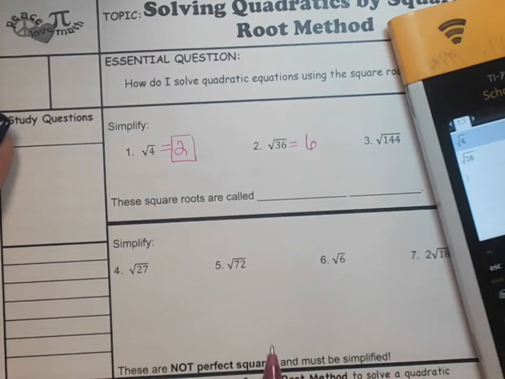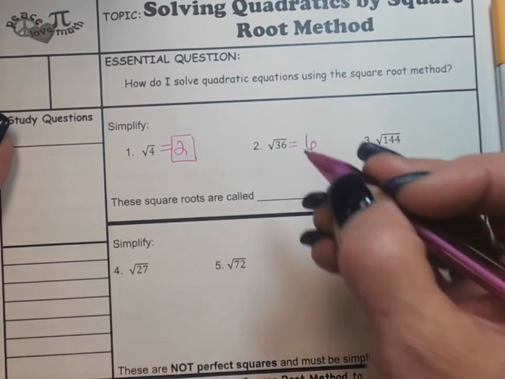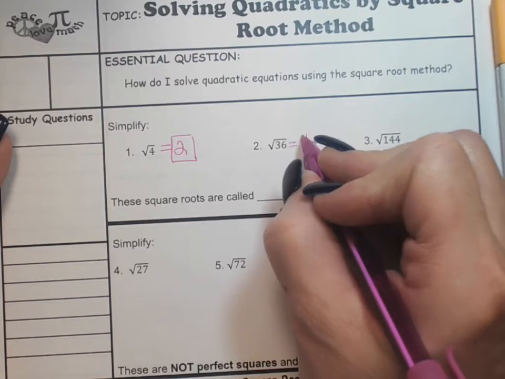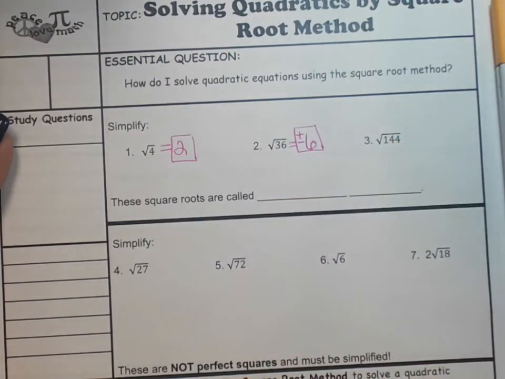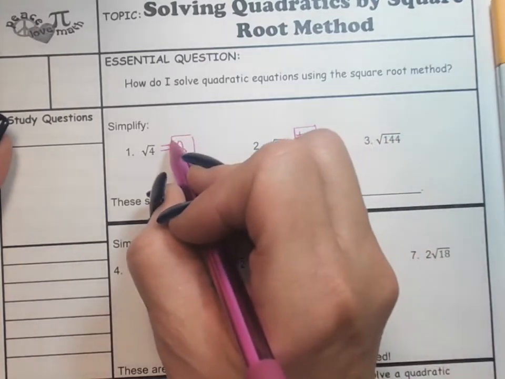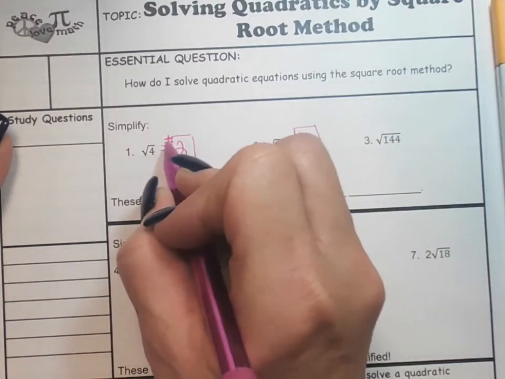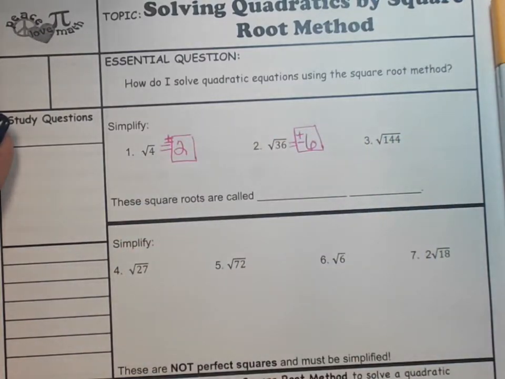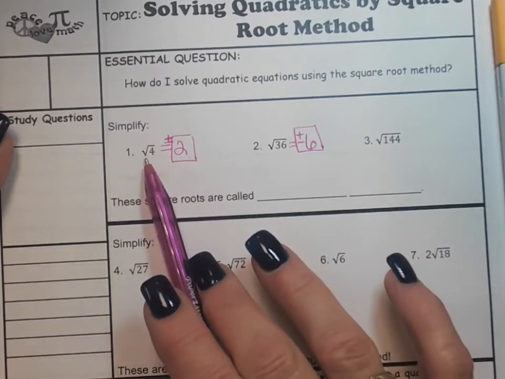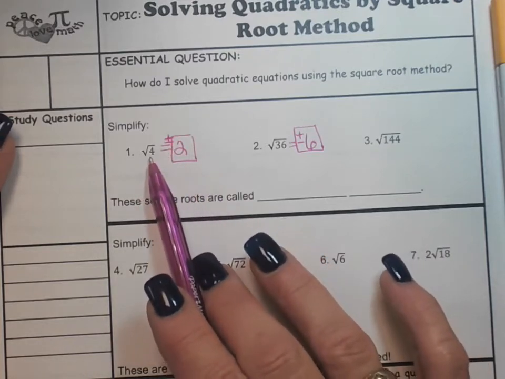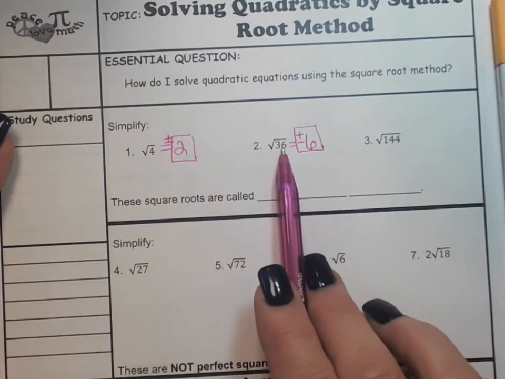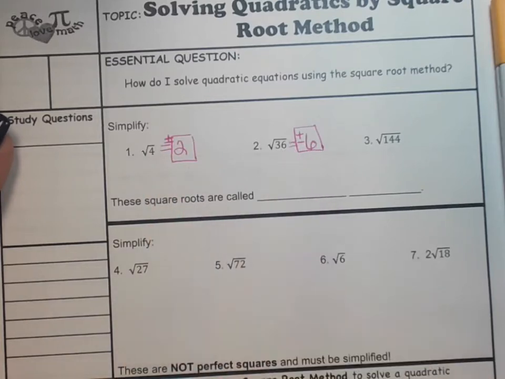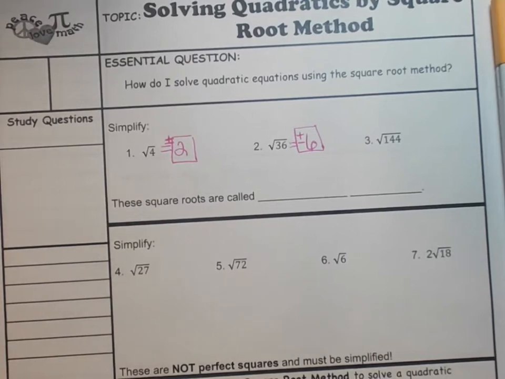Really, our calculator only gives us the positive root. It could be positive 6 or negative 6, so we put plus or minus 6. Coming back to the 2, it could be plus or minus 2, because 2 times 2 is 4, and negative 2 times negative 2 is also 4. 6 times 6 is 36, and negative 6 times negative 6 is also 36.